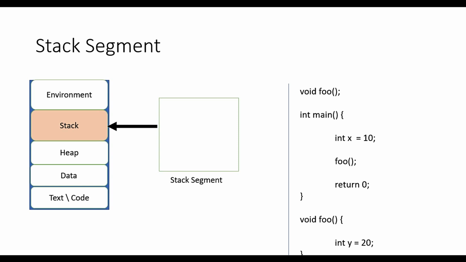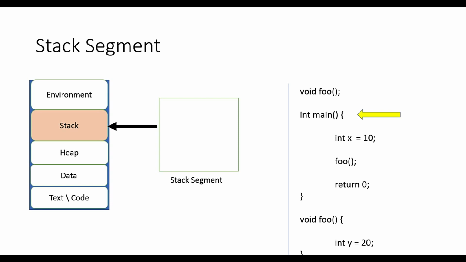So what happens is, when the program executes, the program execution starts from main. When the program execution starts from main, a memory block is created that holds the information of this function. That memory block is called a stack frame, or also called an activation record, and it has the information about that function.